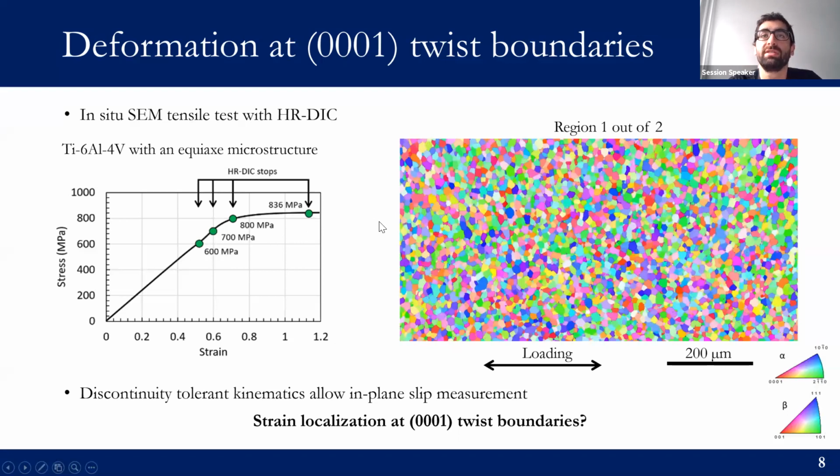One region of interest is shown on the right-hand side of this slide with this inverse pole figure map showing the crystallographic orientation along the loading direction. And in order to characterize deformation, we have used a DIC code that includes discontinuity tolerant kinematics that allow in-plane slip measurement. With this procedure, we have primarily focused on strain localization at 0001 twist boundaries.